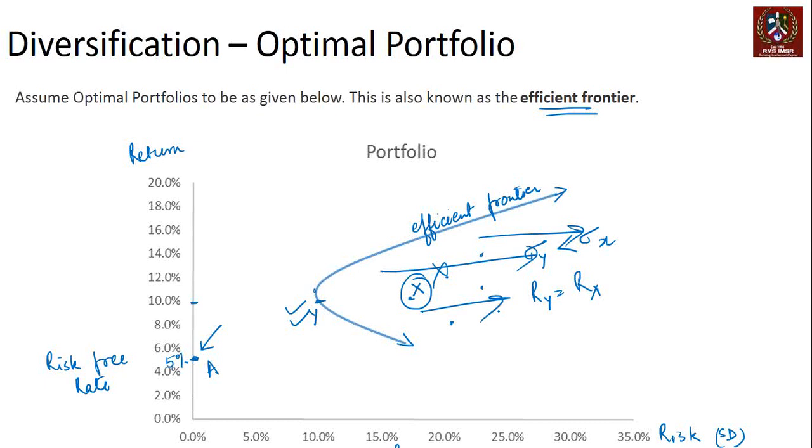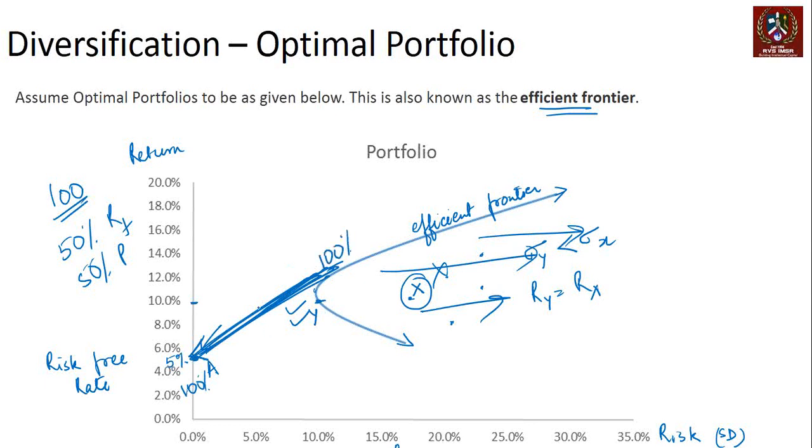Now let's assume that we can raise money or we can invest money. So let's say we have $100 and we invest it in a combination of 50% in the risk-free asset and 50% in the portfolio. So basically that investment has to lie somewhere in between this zone. This is where 100% is in the risk-free asset, and this is where 100% is in the portfolio.